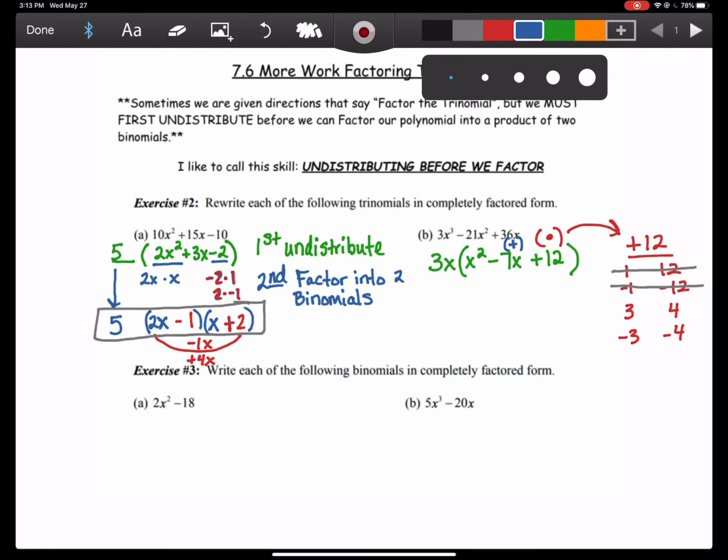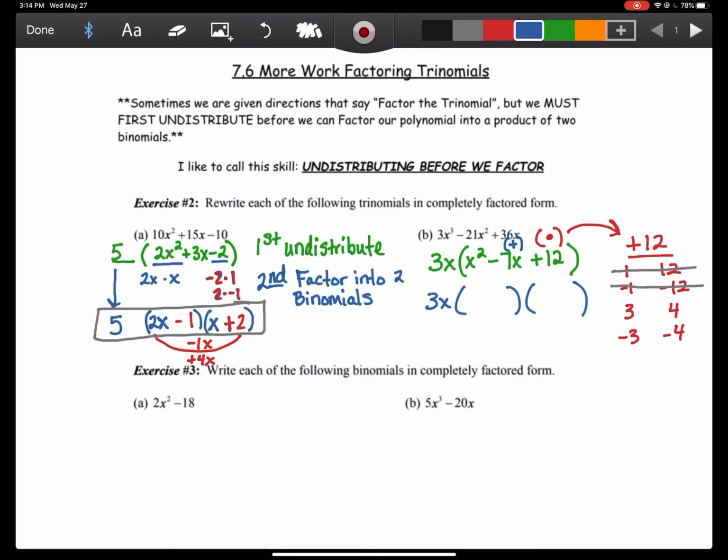All right, next step, factor into 2 binomials. So I'm going to rewrite my 3x. I'm going to set up my 2 binomials. And now I'm going to use my x times x to get my x squared. So that's my first times first. Now I just need to decide, is it 3 and 4 or -3 and -4? Now look off to the side.